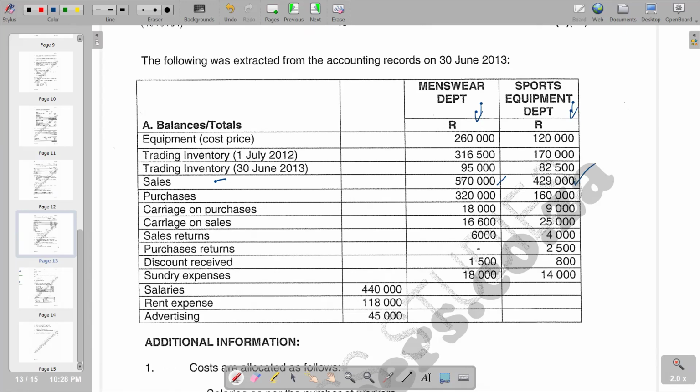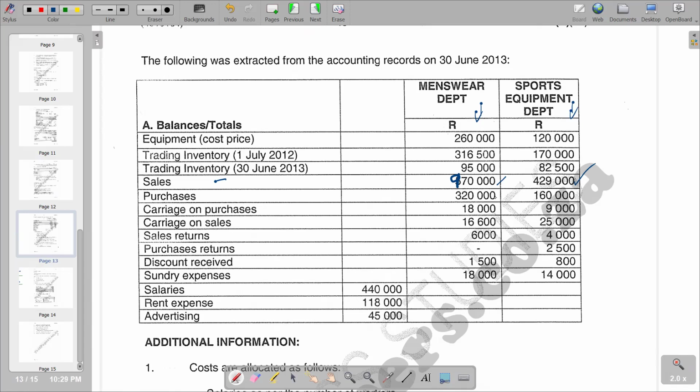So we are just going to correct this 570. That is supposed to be 970. You can just put it as 970 according to the requirements of the question. There was a mistake there. So basically, we are saying 970,000, and also 429,000 for sports equipment.